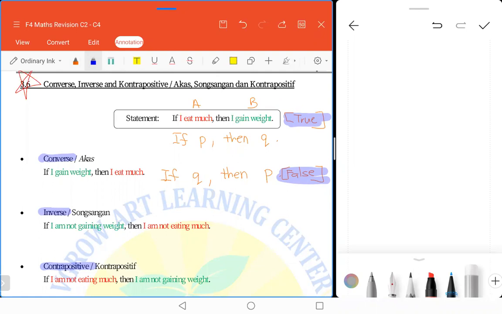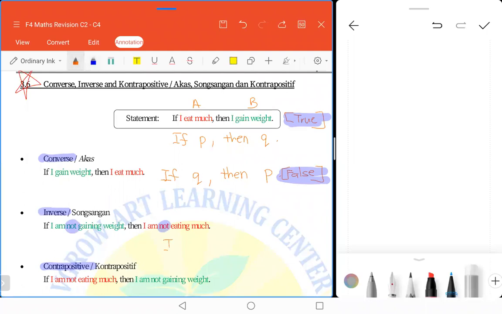Can proceed. Inverse, songsang. In BM it is songsang. You have to add in a "not" over here. So if I am not gaining weight, then I am not eating much.